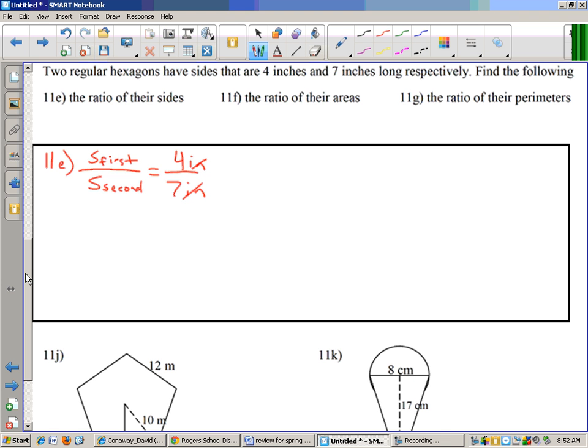How about the ratio of their areas? The ratio of their areas. Now, we could go through very tediously finding the area of the first divided by the area of the second.